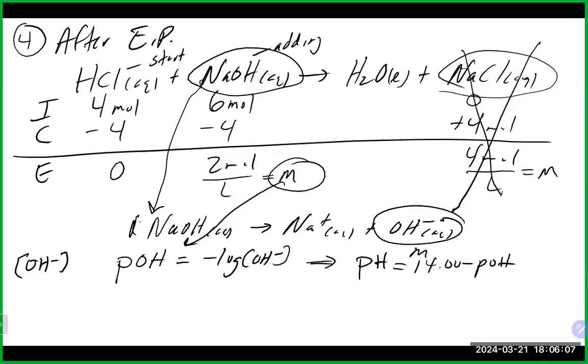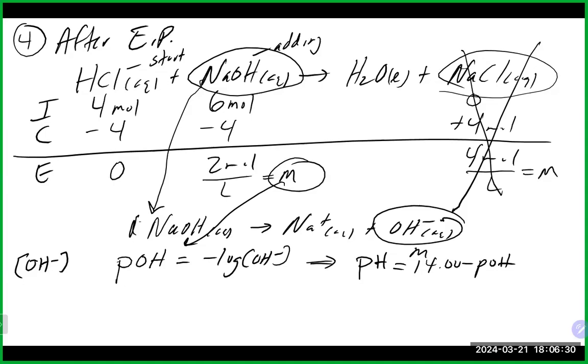So when you are past the equivalence point in this type of titration, you need to do at least one ice table. It does need to be done in moles. And the purpose of this ice table is to figure out how much strong base you dumped into your solution at this point. Once you have that, you will have the hydroxide concentration.